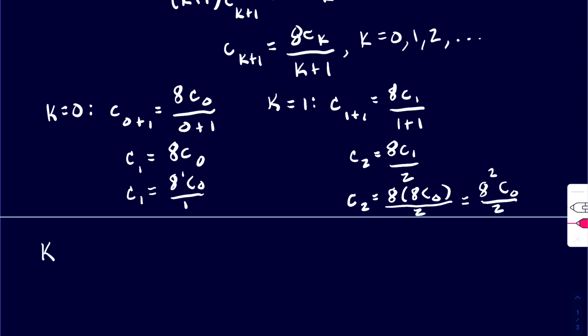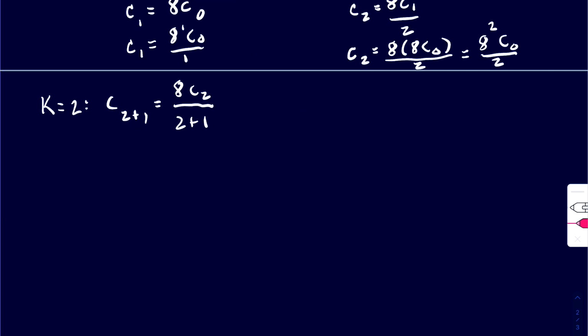For k equal to 2, we'll have c sub 2 plus 1 equals 8c2 over 2 plus 1. So now this will be c3 equals 8 times c2 over 3. So c2 is 8 squared c0 over 2.